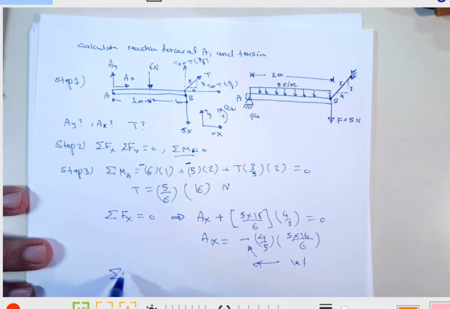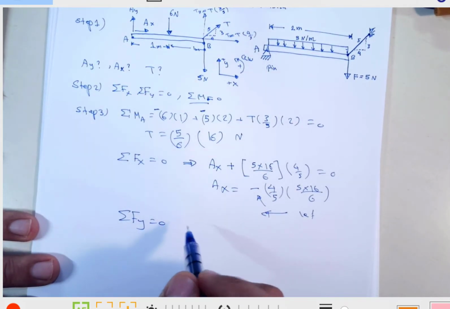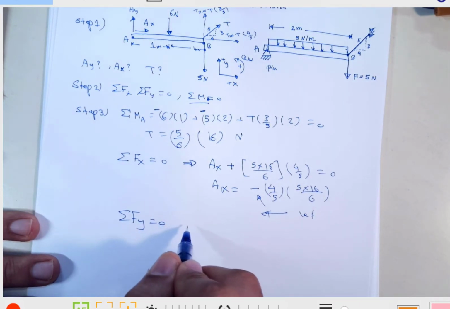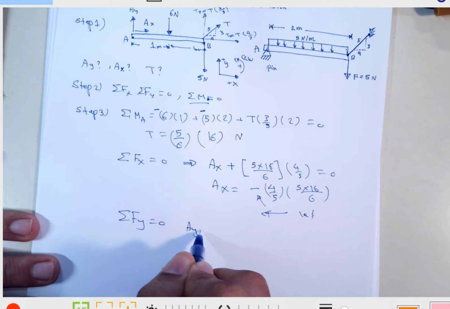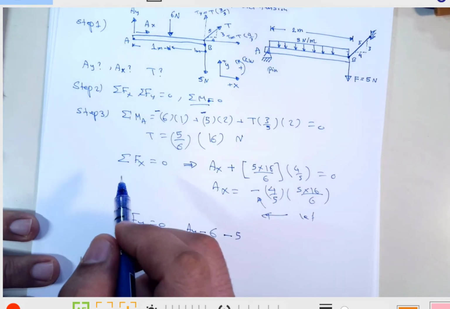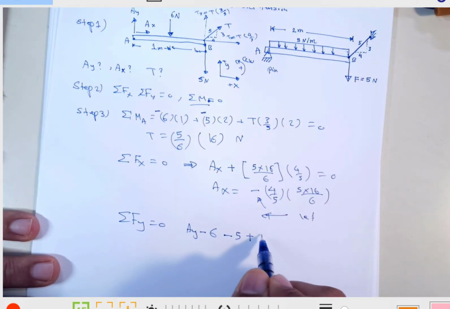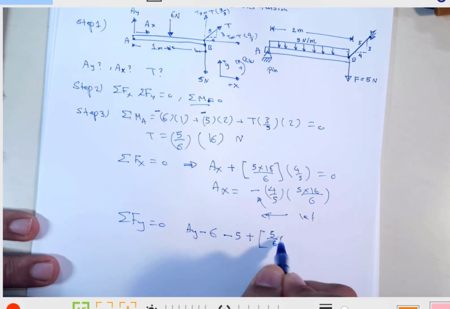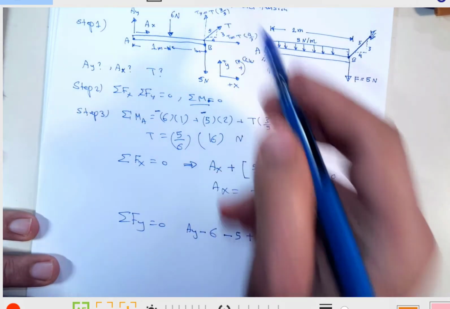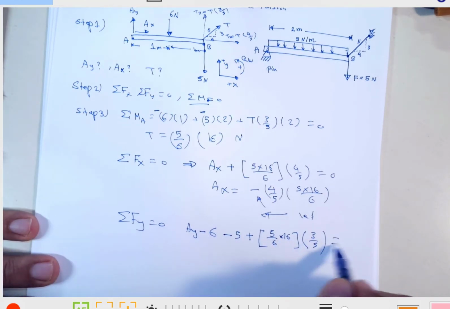The last one is summation of y equal to 0, and that simply will give us the following: AY minus 6, minus 5, plus the Ty, which is the magnitude we found, 5 over 6 by 16 multiplied by the angle 3 over 5, and that's positive, equal to 0.